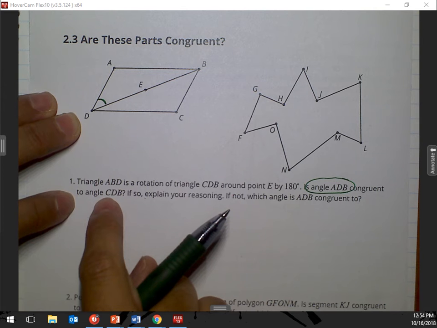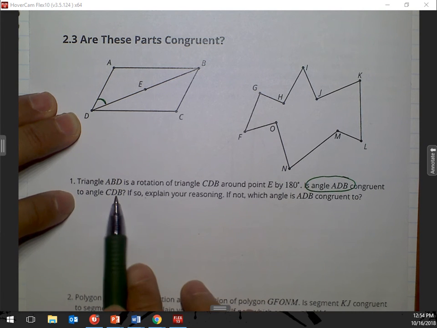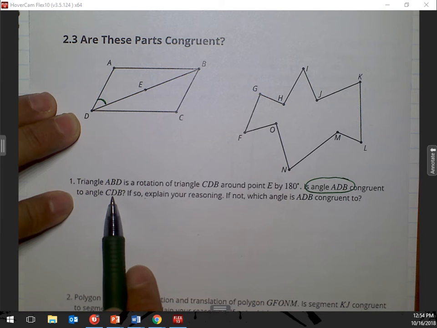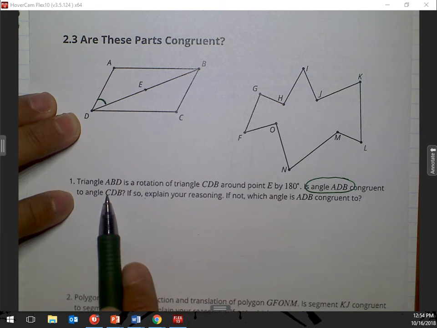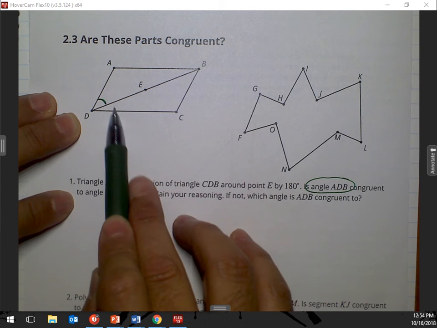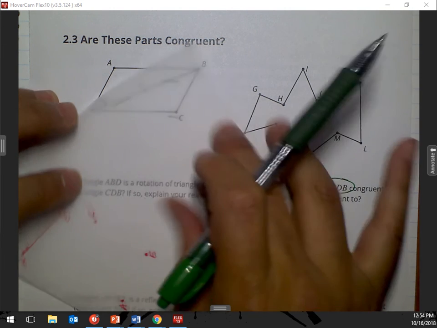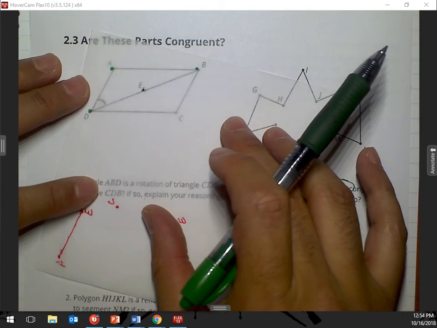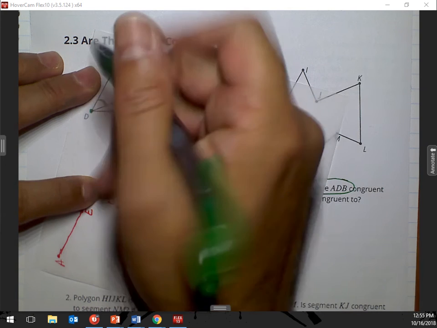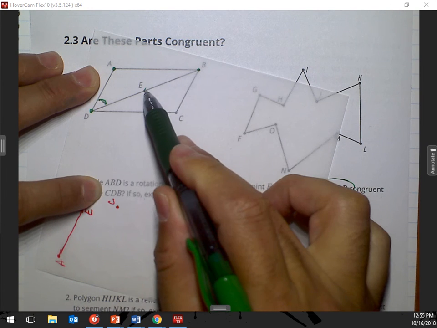Is it going to be congruent to CDB? So where is the angle located at? It's D by B, between C and B. So we add D in between C and B. So are we saying that these right here? Oh no. Let's take a look. Let's do it again. So the angle that I'm talking about... Okay, turn it.